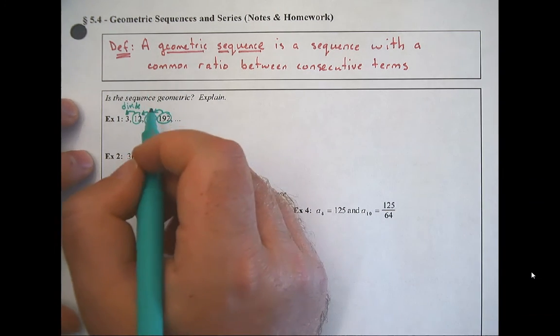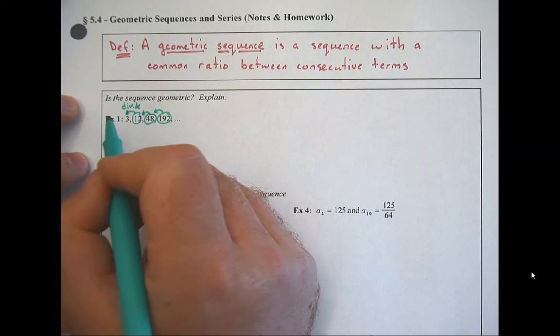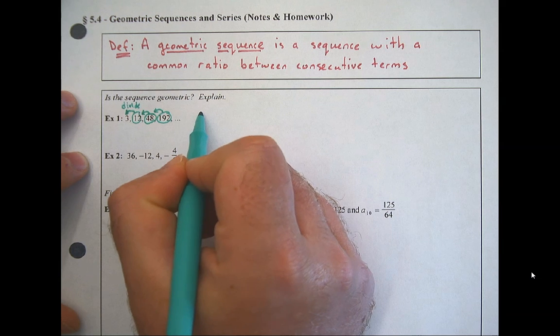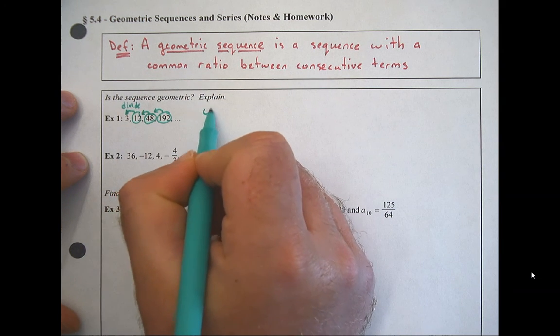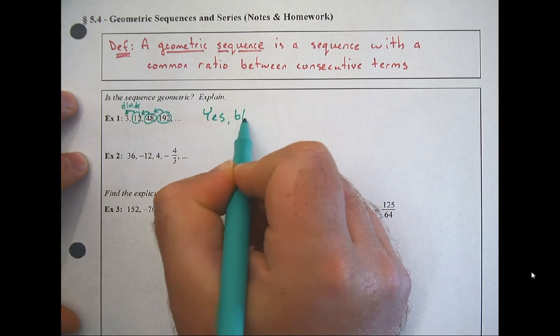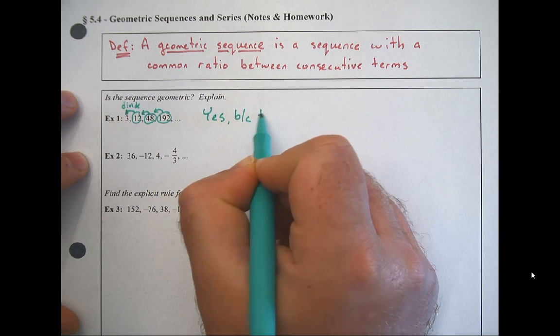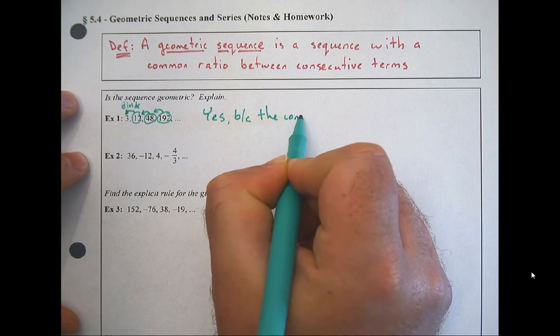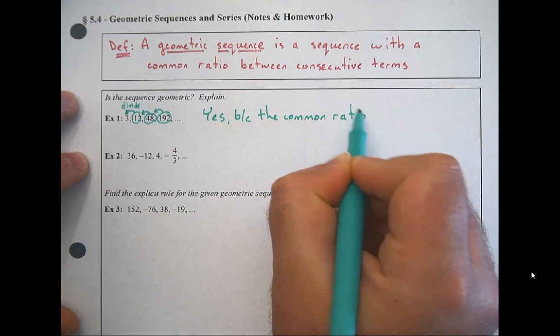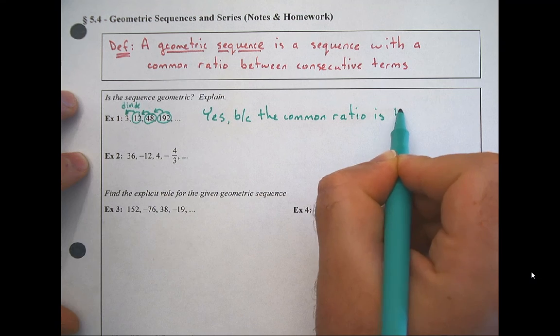So every time you divide any term by the term before it, that finds this thing called the common ratio. So is this sequence geometric? Yes, because the common ratio is 4.